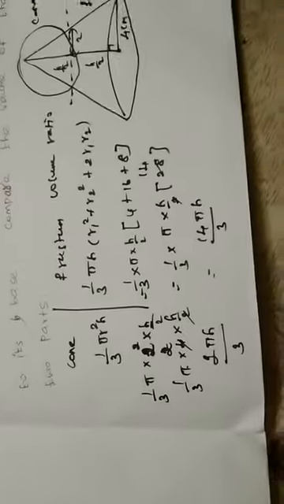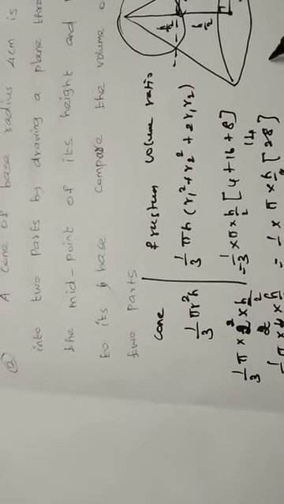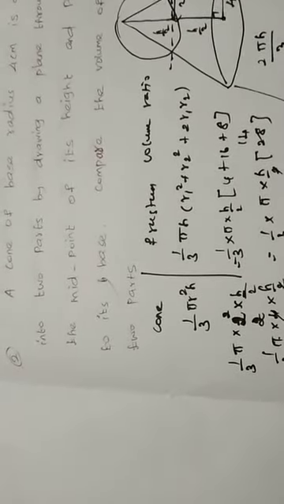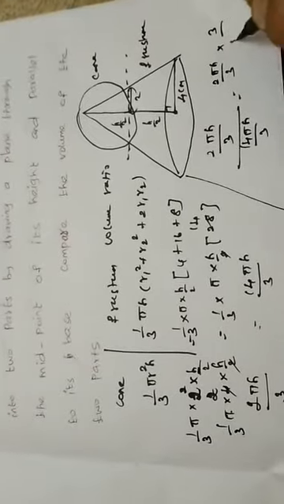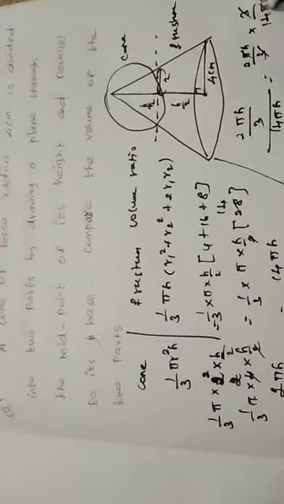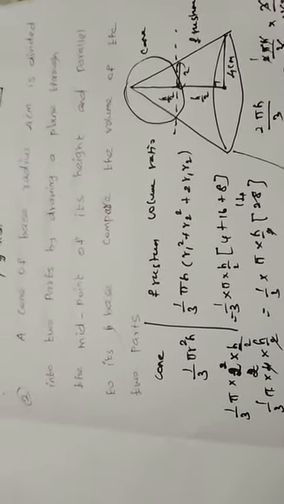Now we need to find their ratio. So the ratio of the first one, 2 pi h by 3 divided by 14 pi h by 3. It's nothing but 2 pi h by 3 into 3 by 14 pi h. 3 we can cancel, pi we can cancel, h we can cancel, 2 is 1, 14 is 7, so 1/7.